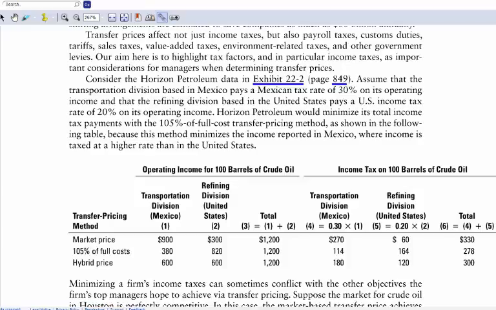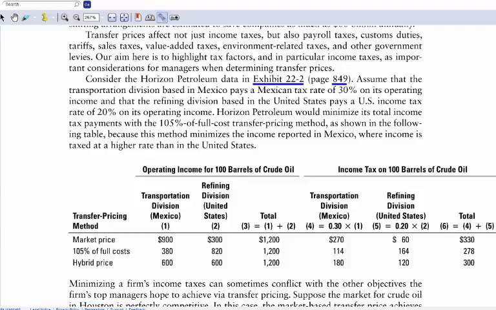Again, you need to make absolutely sure that you are able to not only process the differences in the subunits or division operating income differences based on a particular transfer price like you've seen in this video, but you also need to understand how these tax implications will change the decision that the company makes in regards to the transfer pricing that they're going to use between two entities.